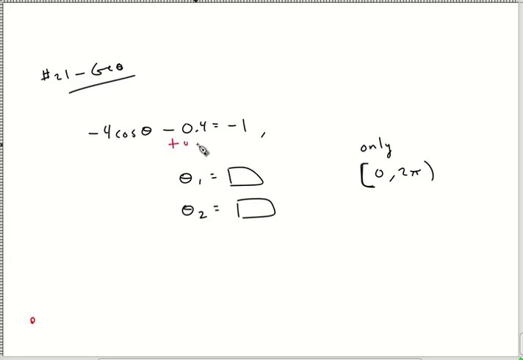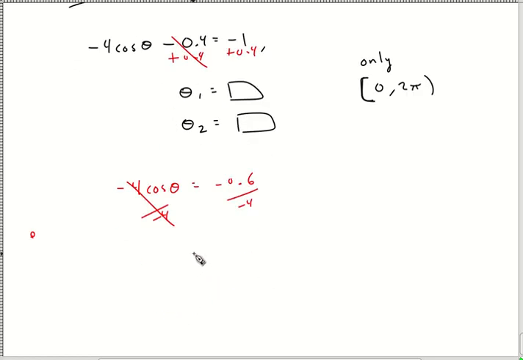I'm going to add the 0.4 to both sides. And notice that we still get a negative, but it's a negative 0.6. When I divide by the negative 4 on both sides, I have a positive now, 0.15.